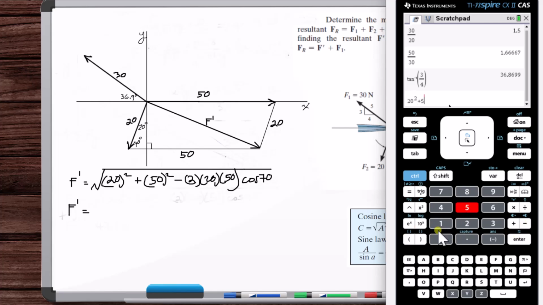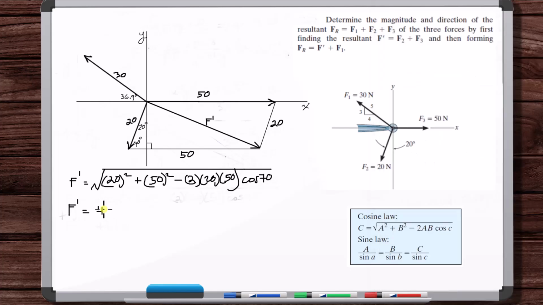So 20 squared plus 50 squared minus 2 times 20 times 50 times cosine of 70 is that. Now let's take the square root of that. 47.1 newtons.